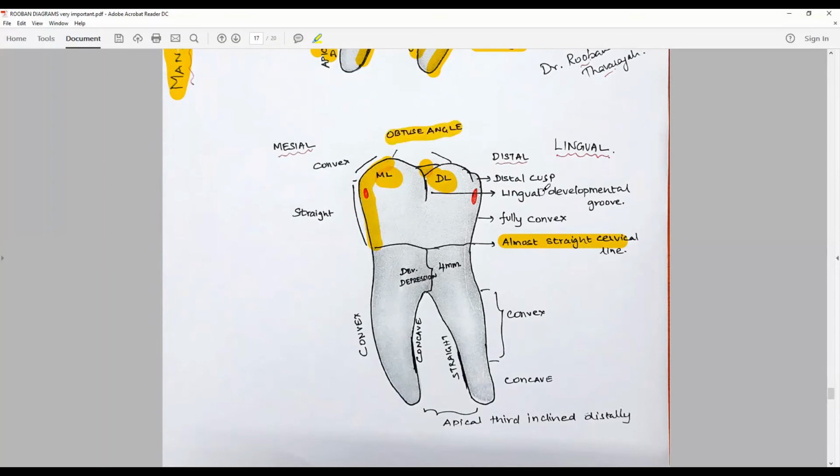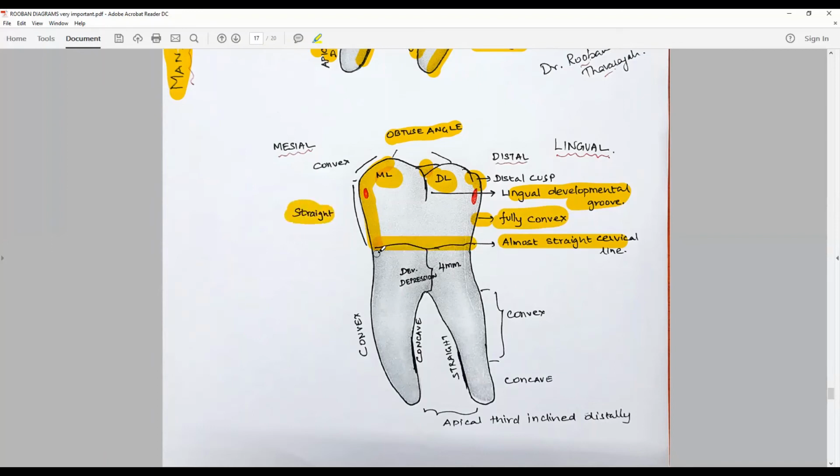Then comes the lingual developmental groove, one single lingual developmental groove. Then we see the distolingual cusp and part of the distal cusp. Here the distal outline is fully convex, right from the occlusal tip to the cervical line, whereas on the mesial surface it is straight.